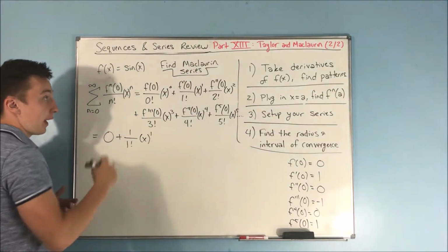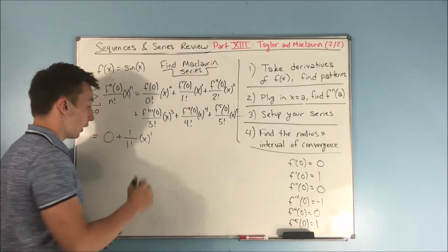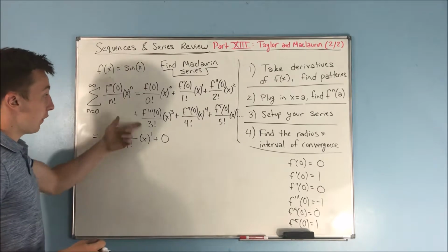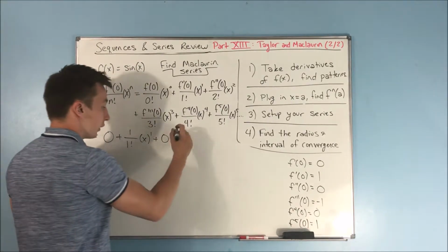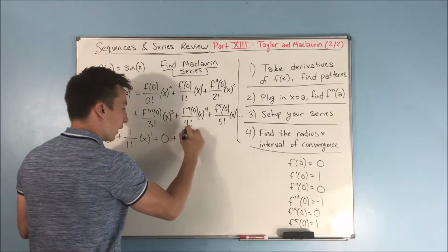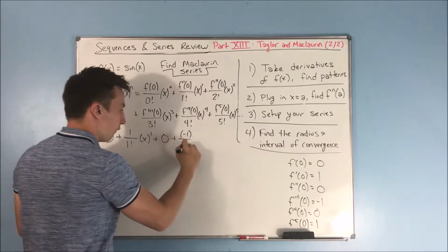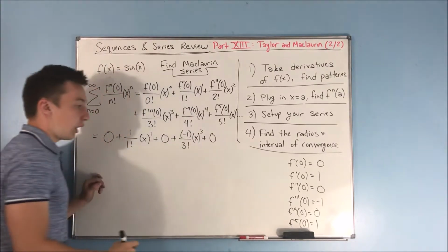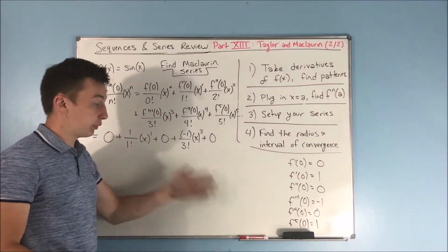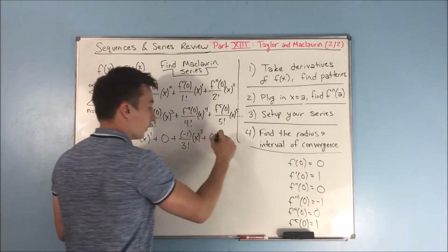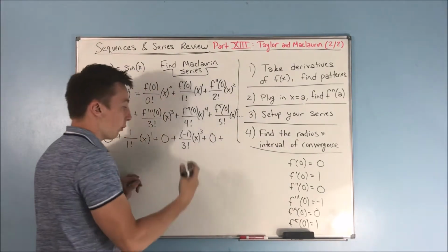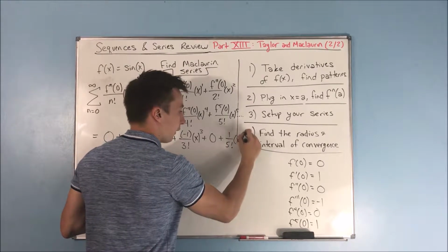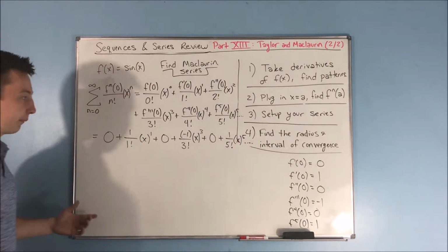Next, we have f double prime of 0, which we know to be 0, so we'll just have plus 0 here. Next, we have the third derivative, which we know to be negative 1, so we'll have plus negative 1 over 3 factorial times x to the third power. Our fourth derivative is 0, so that makes the whole term 0. And our fifth derivative is just going to be 1, so we'll have 1 over 5 factorial times x to the fifth, and then that will go on and on.